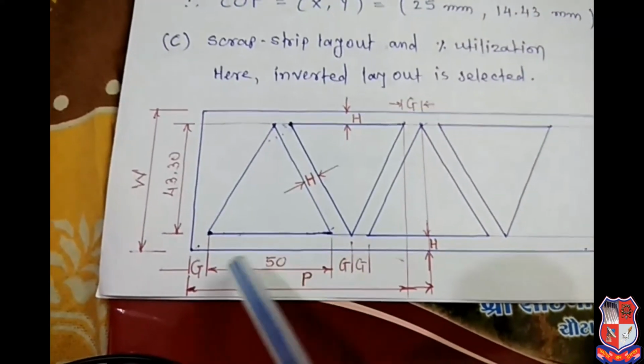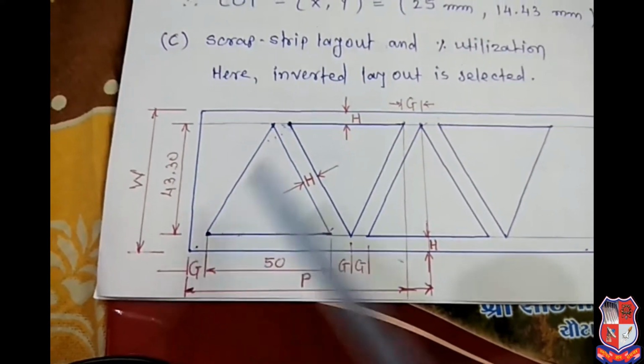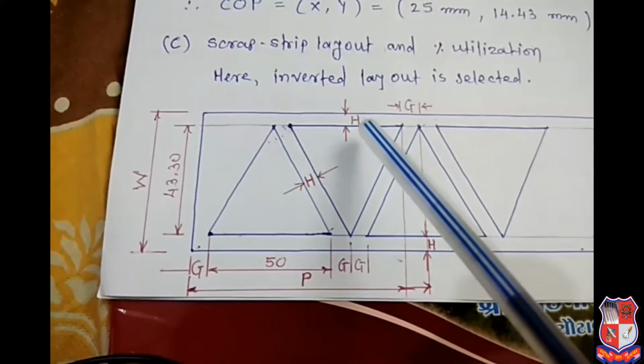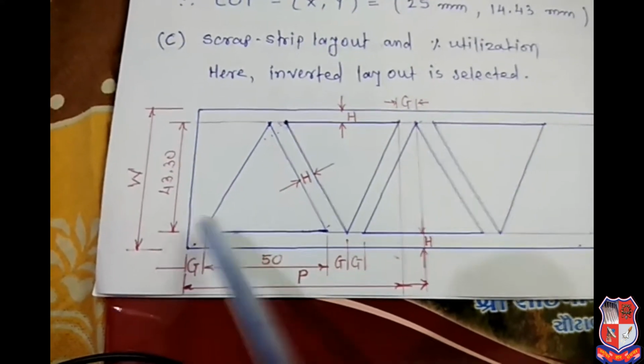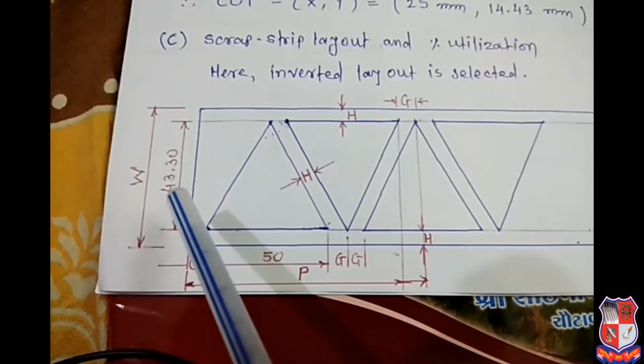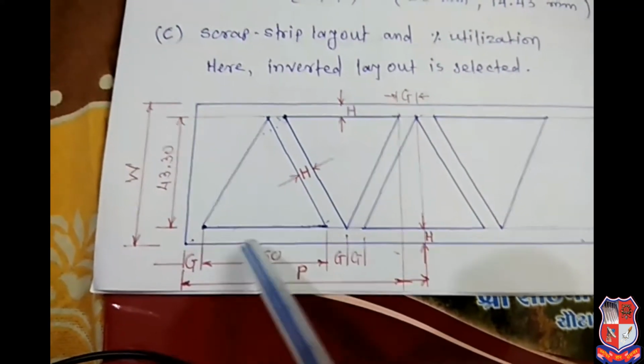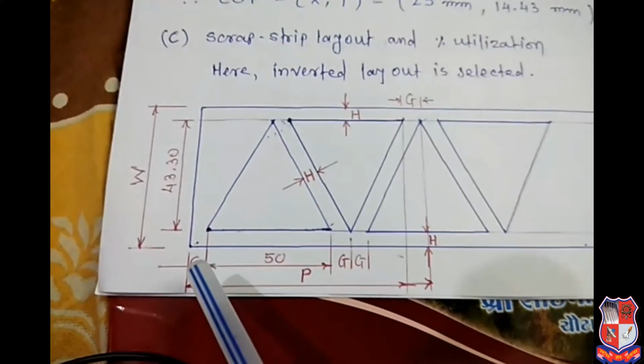That margin is kept as G, the edge margin horizontal is G. So we can find W is equal to 43.30 plus H plus H. In this way we can find the W.